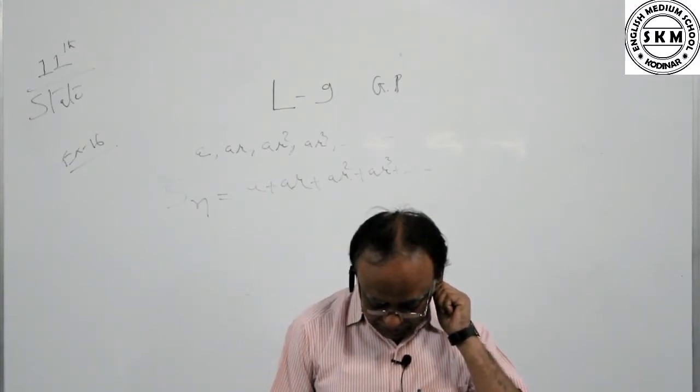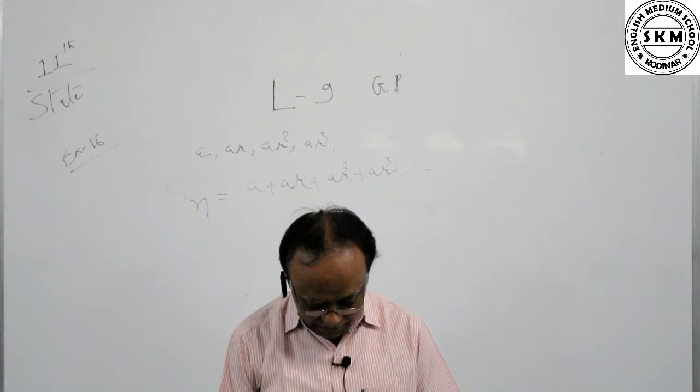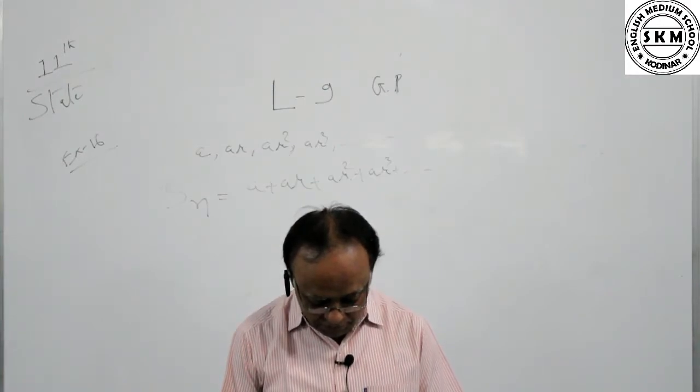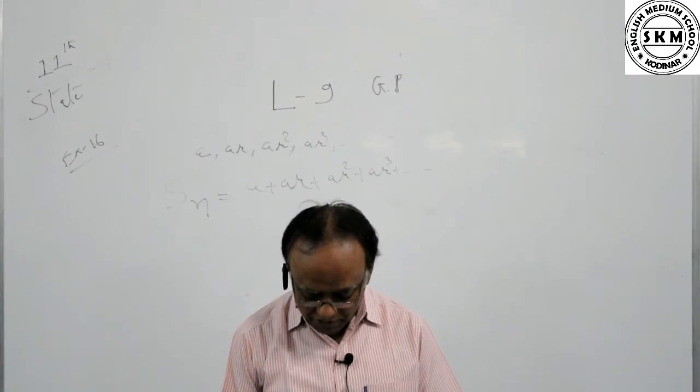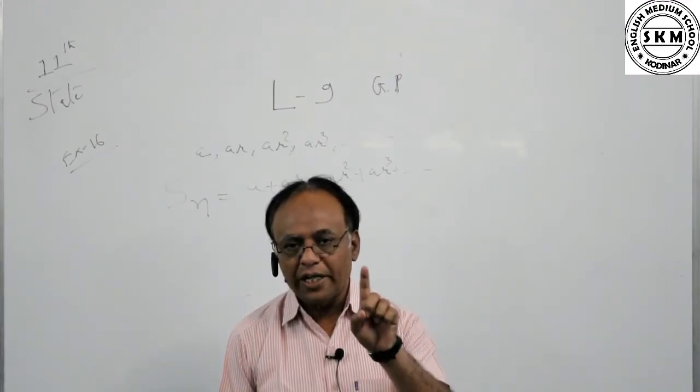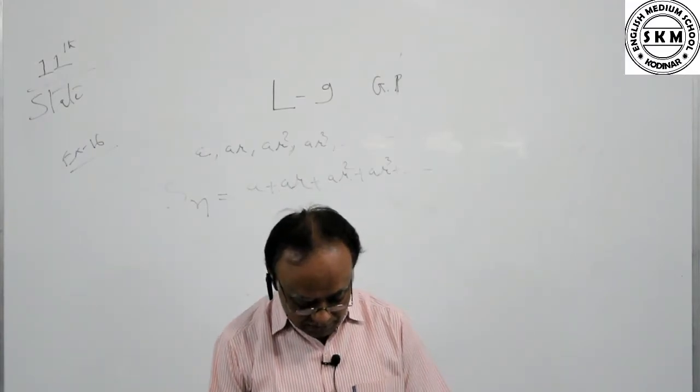Now on your page number 285 there are some formulas given. We shall accept the following results relating to geometric progression without proof. There is no need to prove them, but you must remember these formulas.